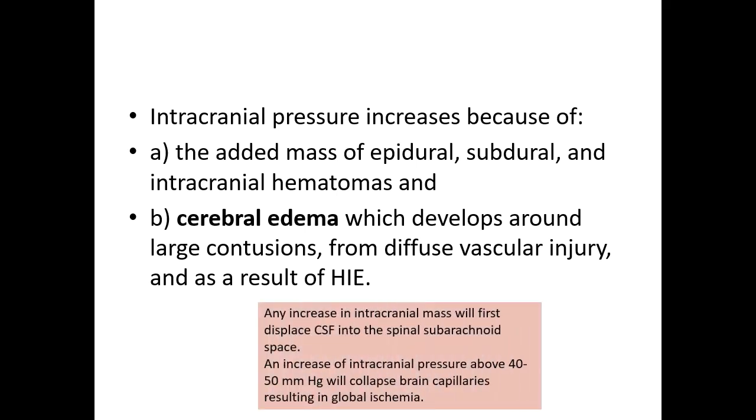Any increase in the intracranial mass will first displace the CSF into the spinal subarachnoid space. An increase of the intracranial pressure, anything above 40 to 50 millimeters of mercury, will cause a characteristic collapse of the brain capillaries, resulting in a global hypoxic ischemic encephalopathy, or for that matter, a global ischemia.